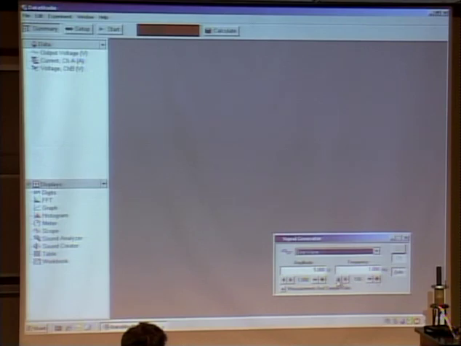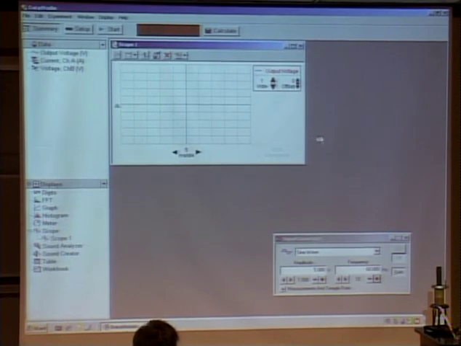Let's now change frequency to one comparable to the frequency which we have. So let's make it 60 Hertz. The output voltage is the output from the power supply, so this is really the input on the transformer.